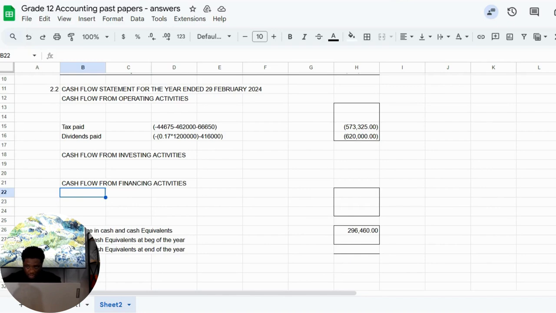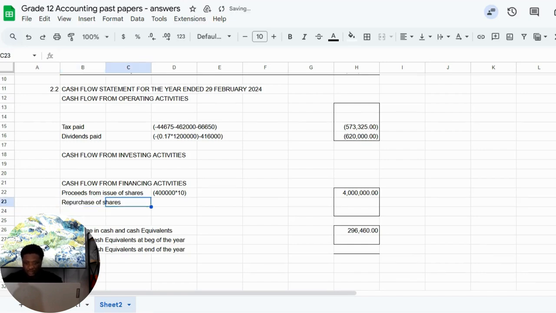You're going to start with proceeds from issue of shares, which would work out to 400,000 multiplied by 10. And so that is going to give us 4 million.